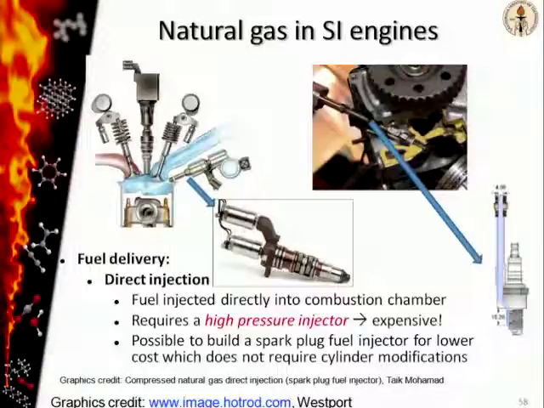One of the methods that some researchers have come up with of avoiding this problem of modifying the cylinder head is to inject the natural gas along a small pipe that is actually closely coupled with a spark plug. So this allows you to inject natural gas into the engine without having to do any major modifications. This still requires a high pressure injector, but you're reducing some of the labor costs in installing the natural gas kit into your engine.